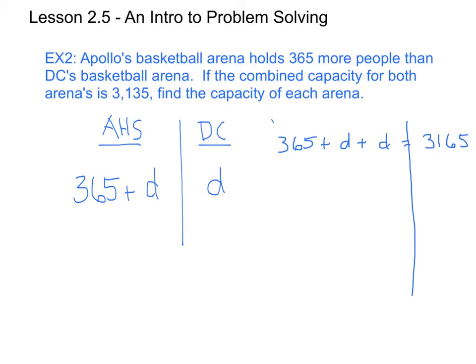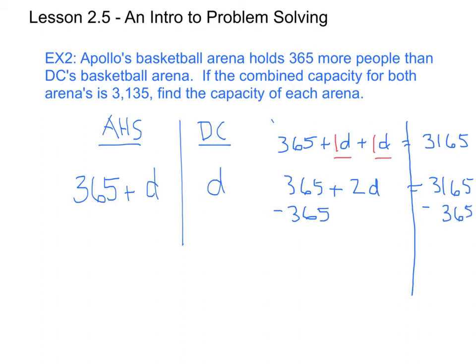I know many of you like to put a coefficient with these D's, so D and D will give us 2D. We'll drop down our 365. We've got 3,165 on this side. Let's move this first, minus 365. Just a refresher, we subtract because it's a positive 365, so we'll go minus 365.